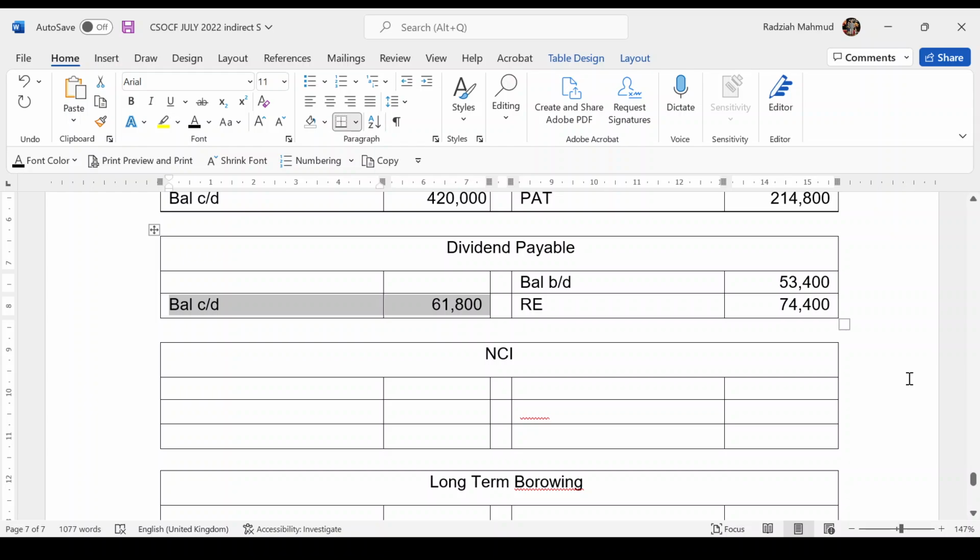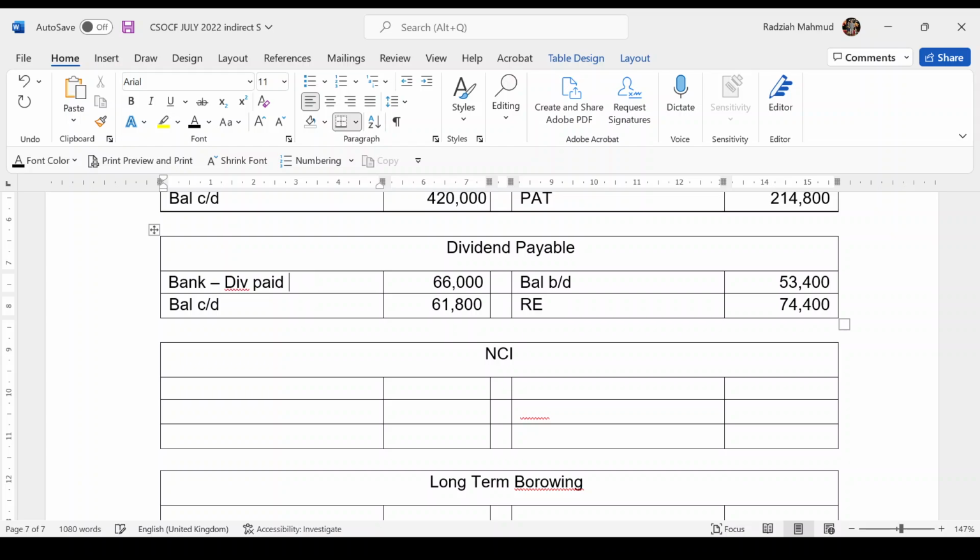Credit is more than debit, so it means that we have some figure here. The amount is 66,000. This is what we call dividend paid by parent.